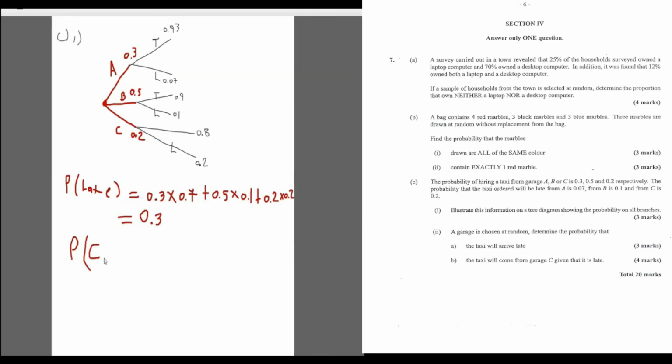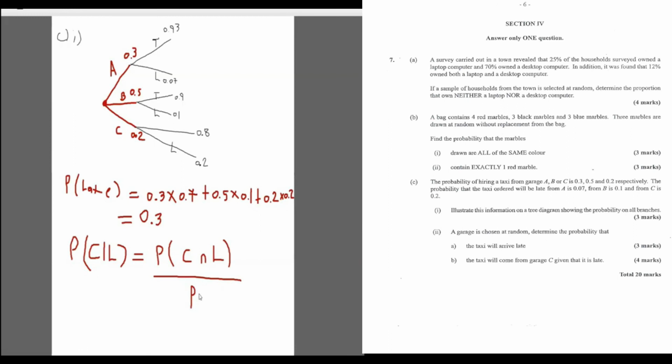So they want the probability of C given L. Now this is conditional probability: the probability of C given L is the probability of C intersect L divided by the probability of L.